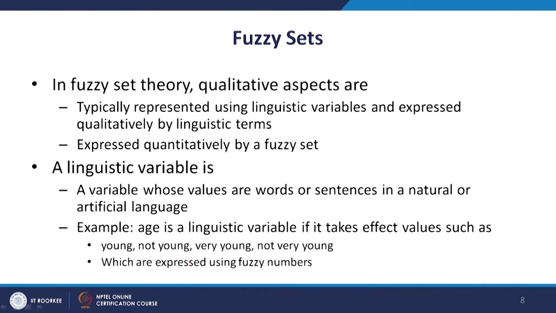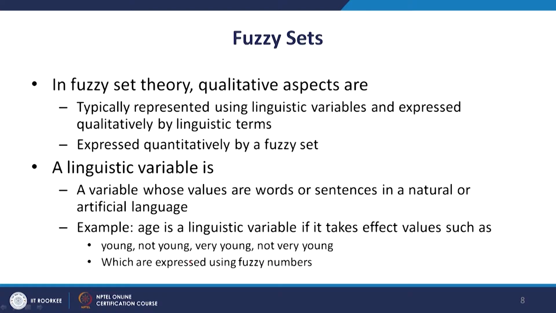If you look at the terms that are being used here, you would see the impreciseness there itself, right. The way linguistic terms are used and the way decision makers are going to respond to a particular question, there is going to be a certain level of impreciseness.